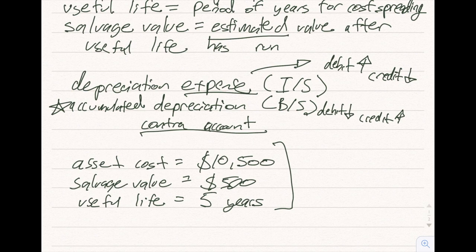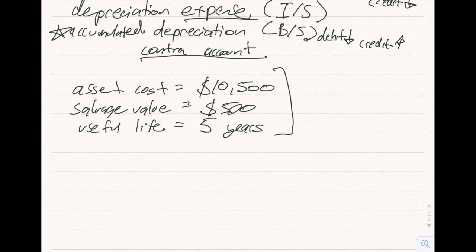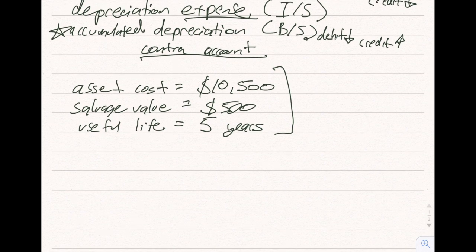So don't be surprised if you see that. All right, so what we are doing here is, well, we have to figure out what is the depreciation expense, right? Because how do I go from this to depreciation expense and accumulated depreciation? Here's how you do it.